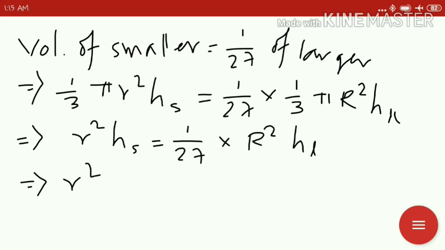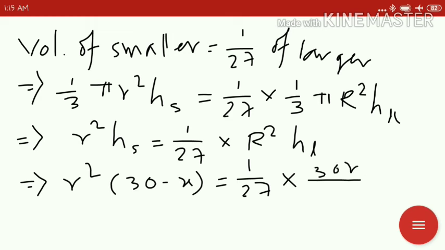Small r square will remain as it is. Now the height of the smaller cone was already taken as 30 minus x, 1 by 27 into r square. In place of capital R, now we replace the value, that 30 into r by 30 minus x whole square into the height of the larger as 30.